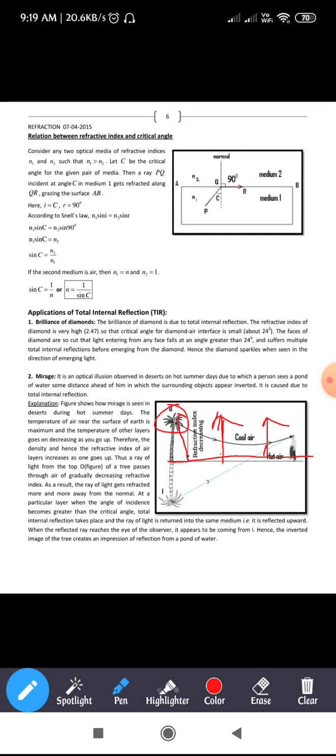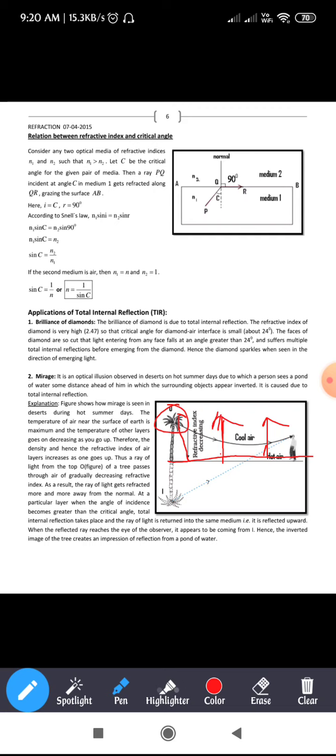So finally, at a particular angle of incidence, where the angle of incidence is greater than the critical angle, total internal reflection takes place. Hence the ray of light is returned into the same medium, and it is reflected upward.